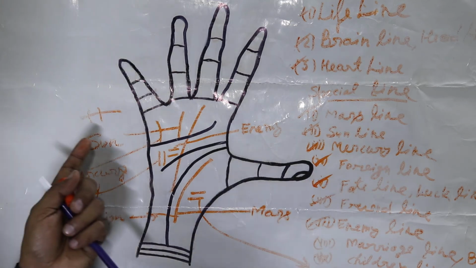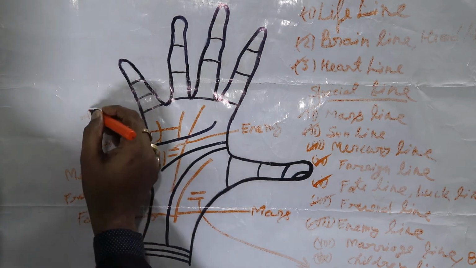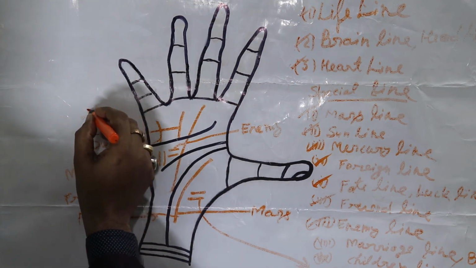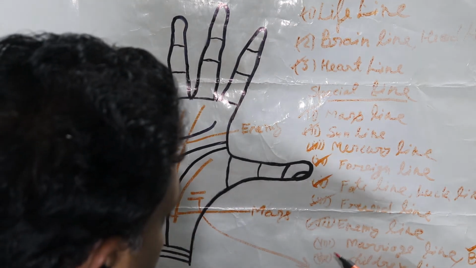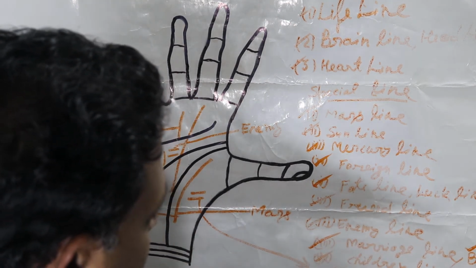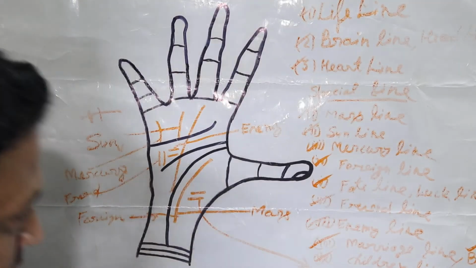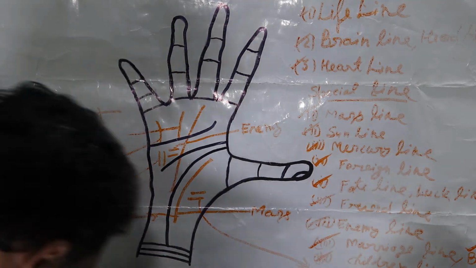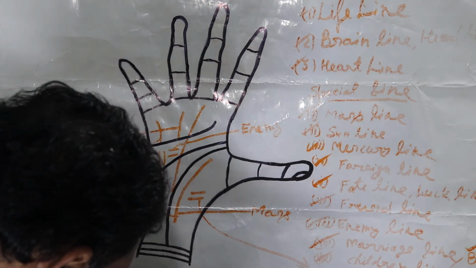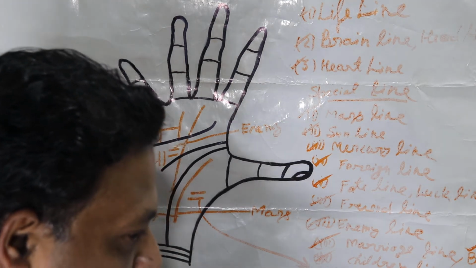And in children lines, two types of lines are there. Thick lines are for boys and thin lines are for girls. But it's very difficult to predict whether the child will be a girl or a boy.